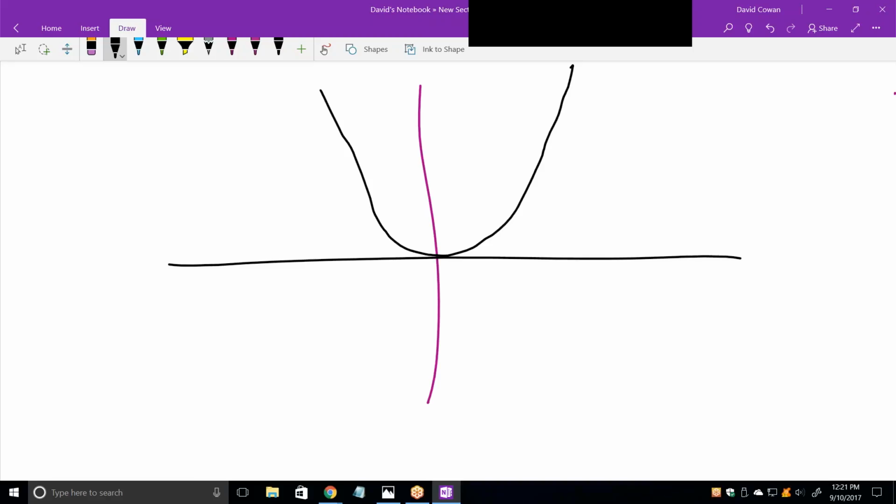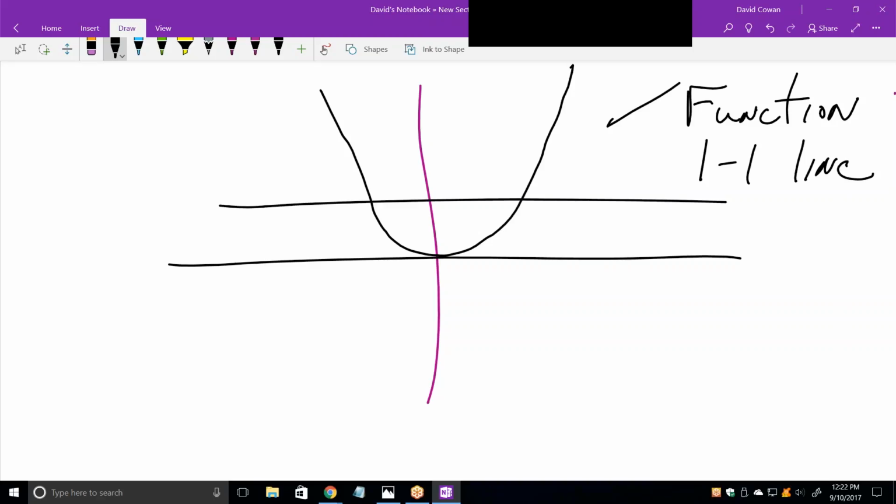What's it got to pass for that to be a function? The vertical line test for a function. Does that pass the vertical line test? Yes or no? Yes.